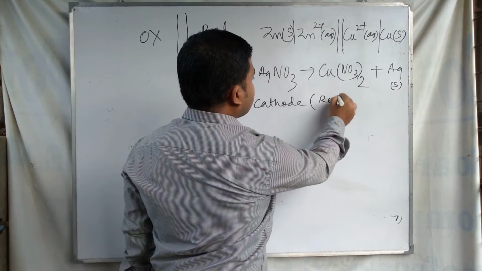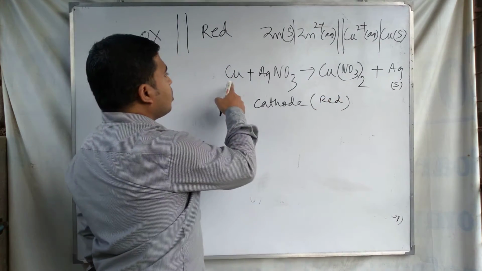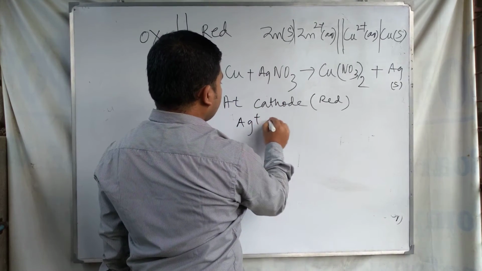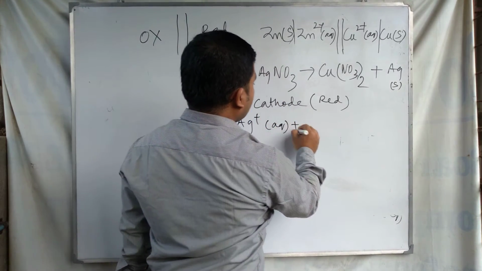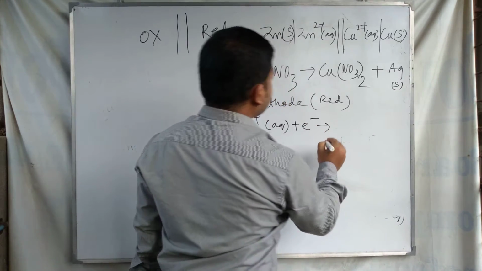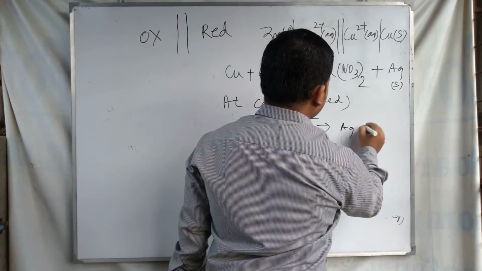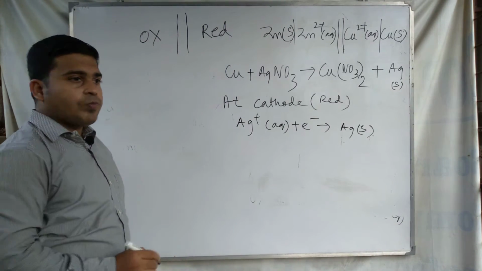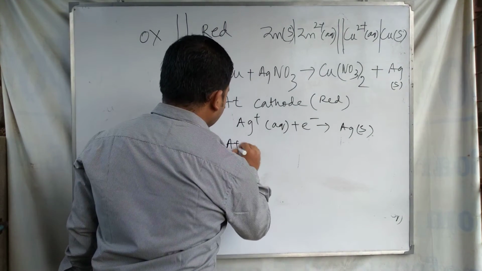Cathode means reduction half. So the reduction here is silver plus changing into silver solid. This is the reaction at the cathode, and now the reaction at the anode.